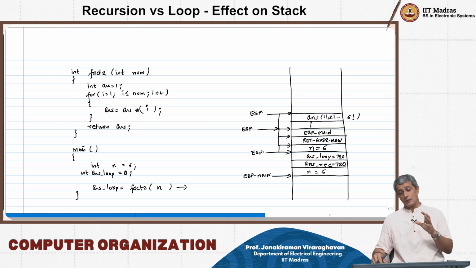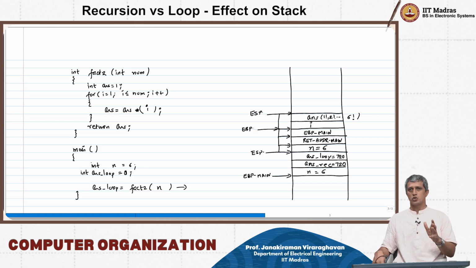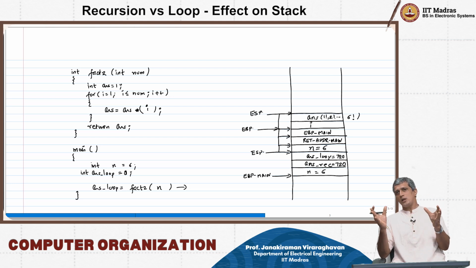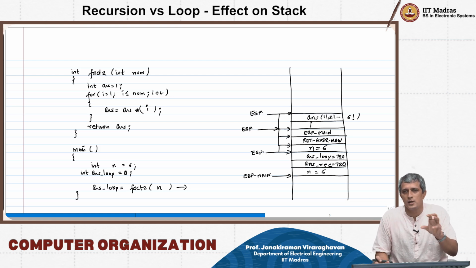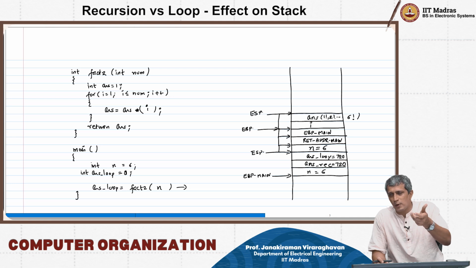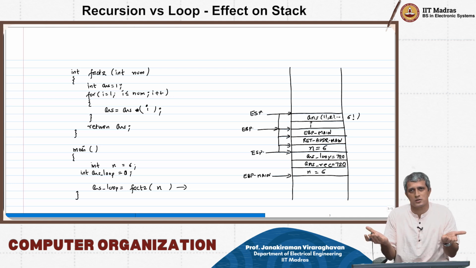Now, the key point is that the loop function, yes, it is also executing a lot more instructions, but effectively you can think of it as both the fundamental operation of evaluating n-1, num-1 and multiplying, all that remains the same across both these implementations.